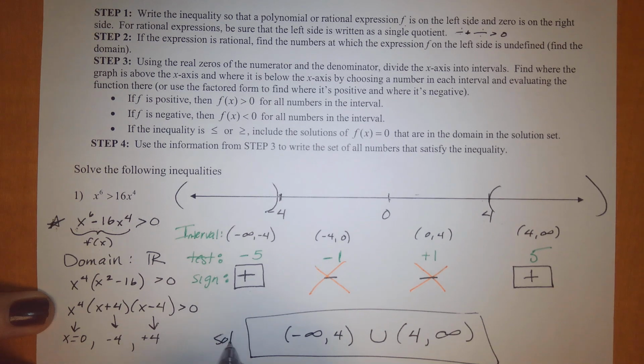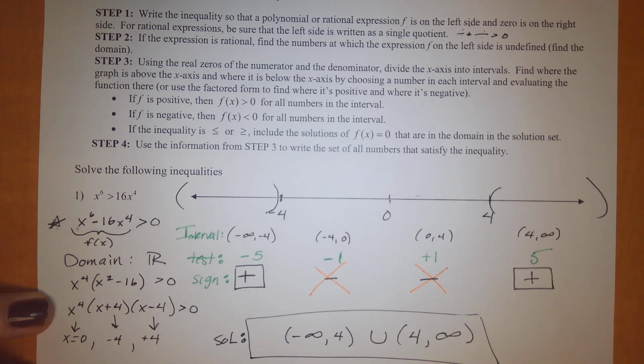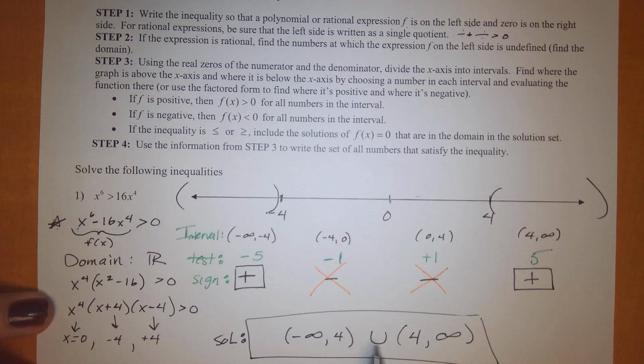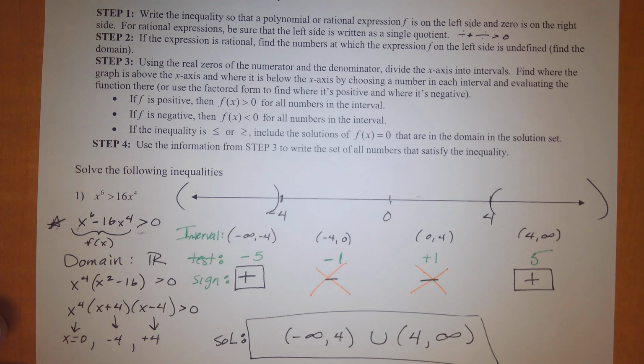So this is my solution. Now notice I did not include the endpoints, the 4s on the ends, because I did not have an inclusion, an underscore, or an equal to sign on my inequality symbol.